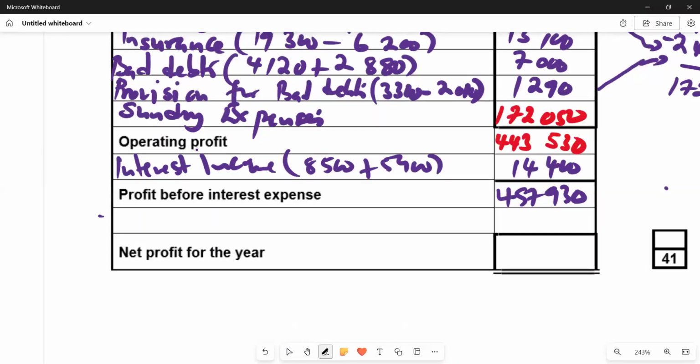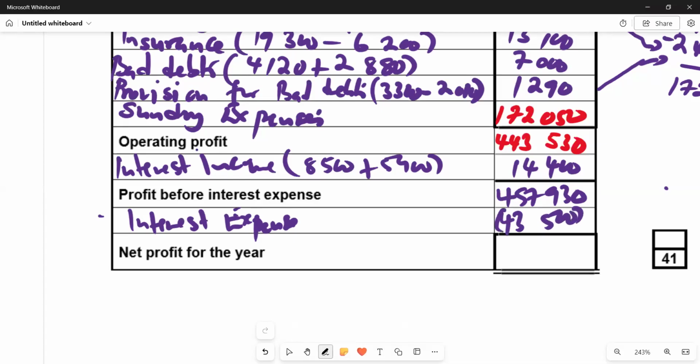So here we are now saying interest expense. The figure that we got was 43,500.